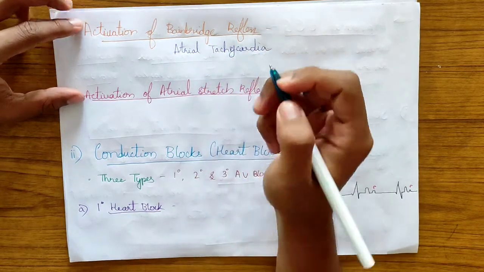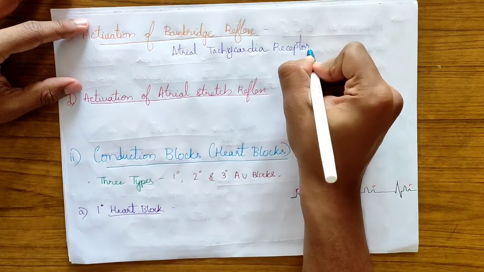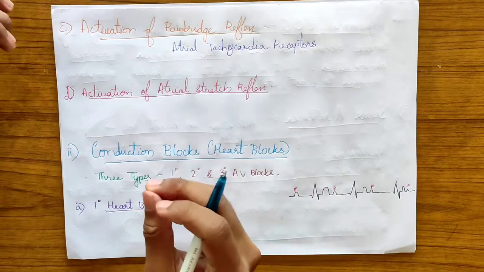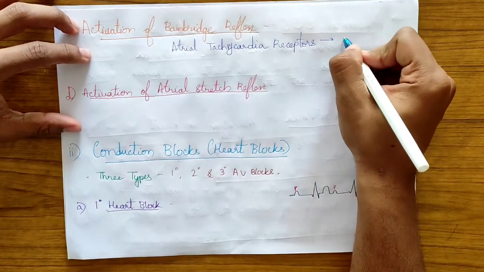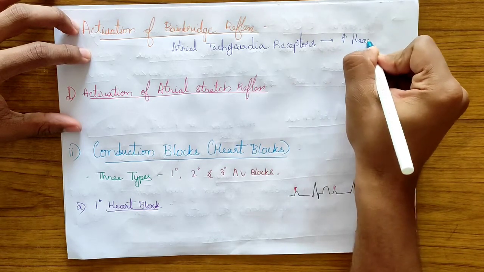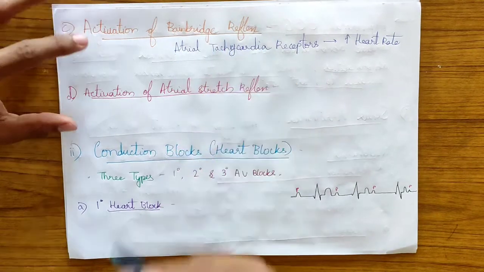Tachycardia is nothing but an increase in the heart rate. These atrial receptors sense this stretching of the atria and therefore increase the heart rate. This mechanism is called the Bainbridge reflex.